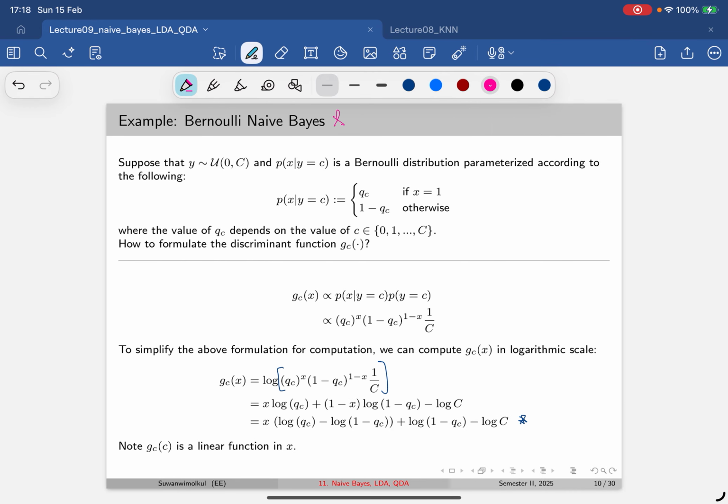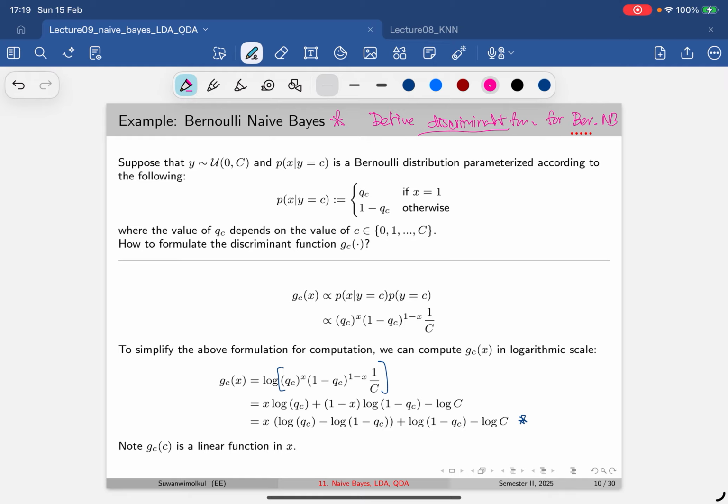So here's an example of how you may derive the discriminant function for Bernoulli naive Bayes.